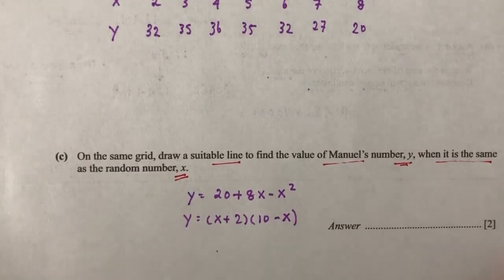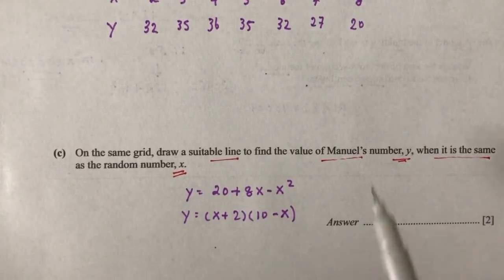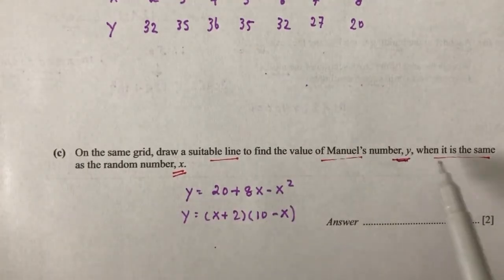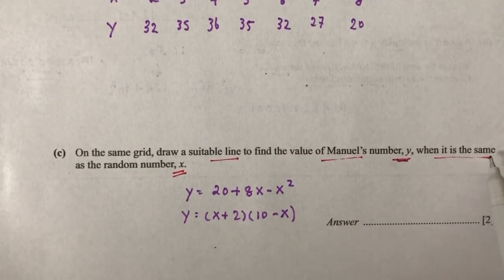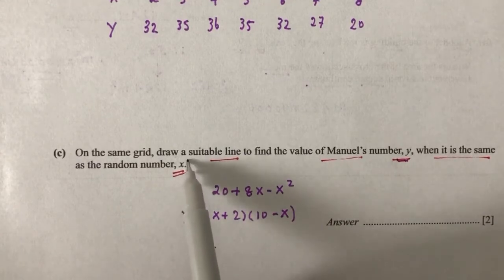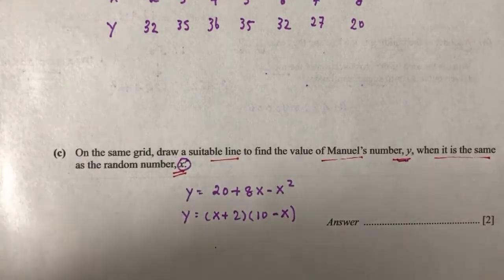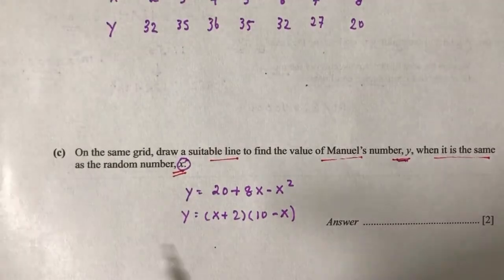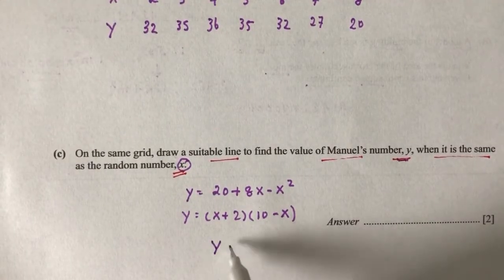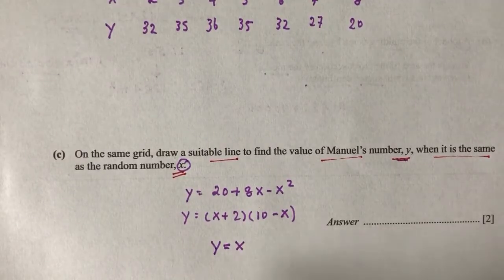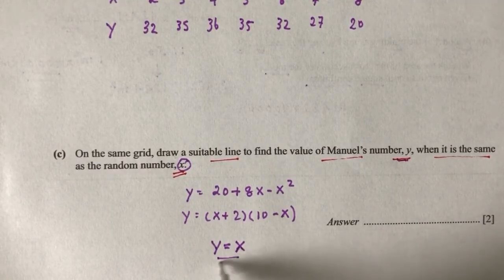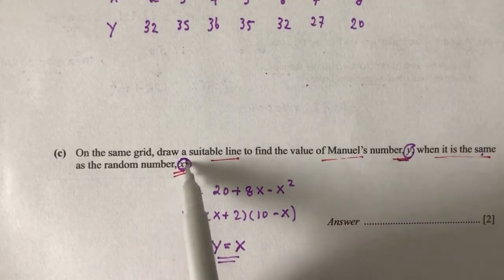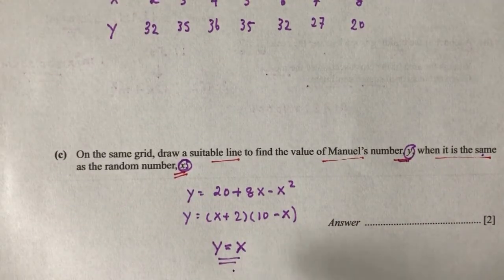Now it's telling me to draw a line to find the value of Manuel's number y. Y is on the y-axis when it is the same as the random number x. So we have to find a line. So same as number x. That's the line we need to draw, because it's saying this needs to be the same as the value x. So we have to draw this line on the graph.